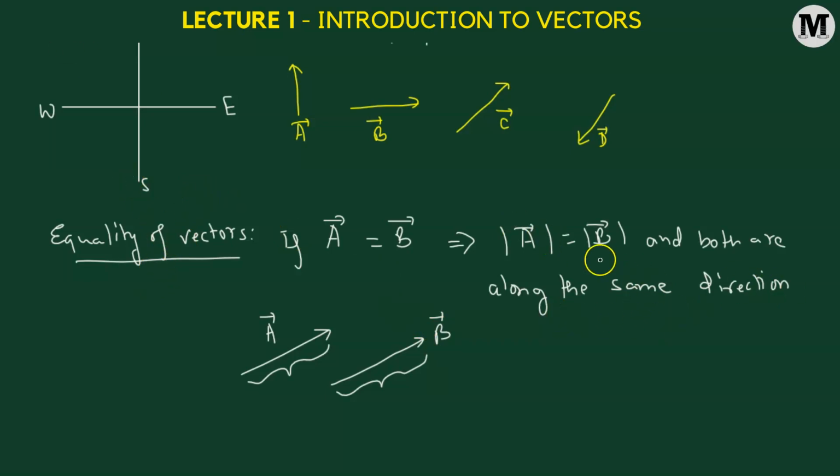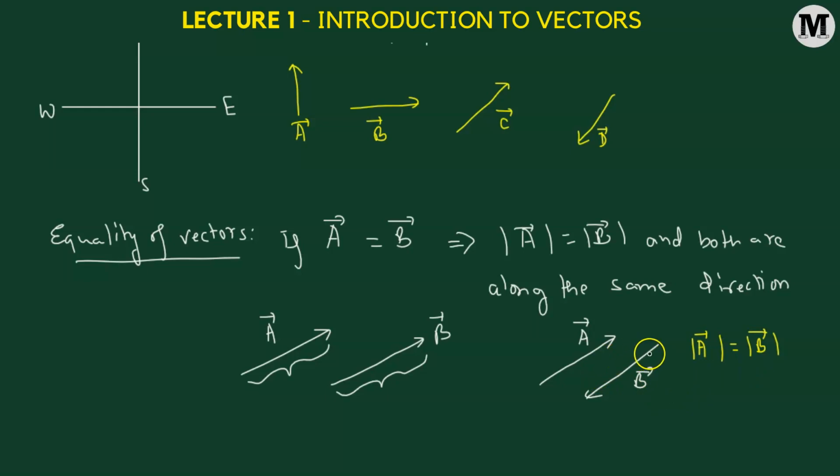If these two criteria are not met at the same time, we cannot say that the two vectors are equal. Another example: let's say we have a vector A which is pointing in the northeast direction, and we have another vector B which is pointing in the southwest direction. Now for these two vectors, suppose the magnitude of vector A equals the magnitude of vector B. But the directions are completely different. They are in diametrically opposite directions.